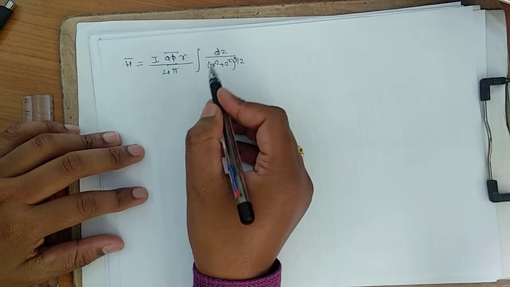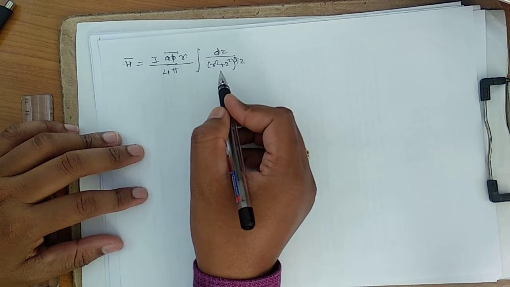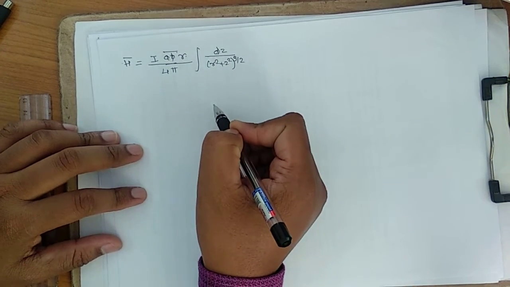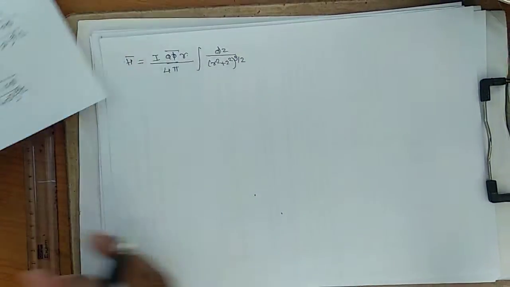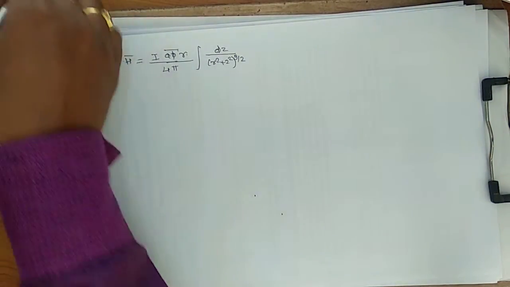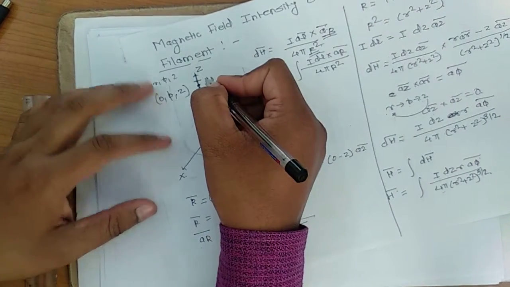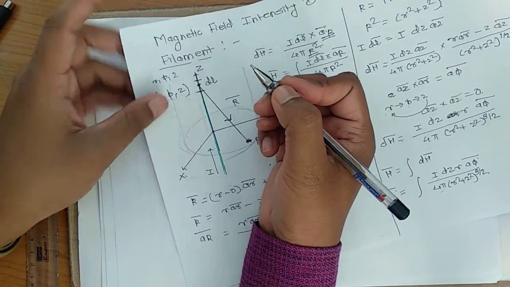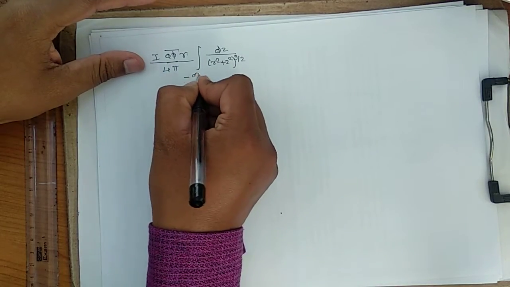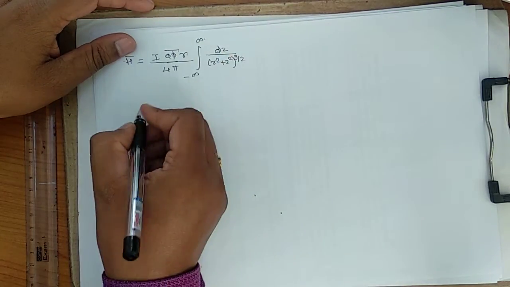Now what is the limit? If you want to put the limit for dz, what will it be? You can see that z varies from minus infinity to plus infinity. So we put the limits minus infinity to plus infinity.